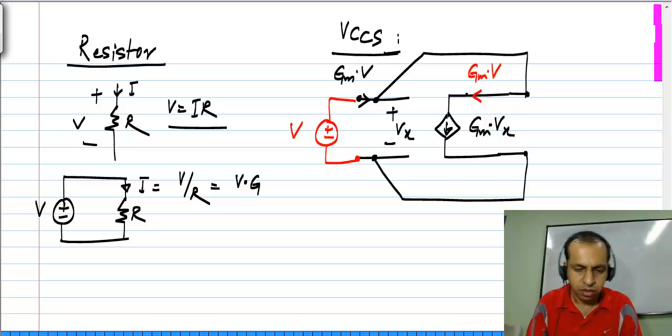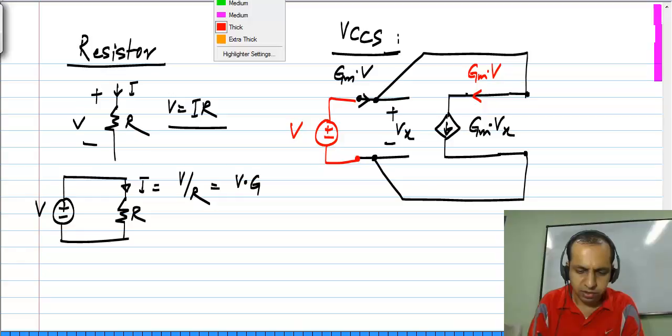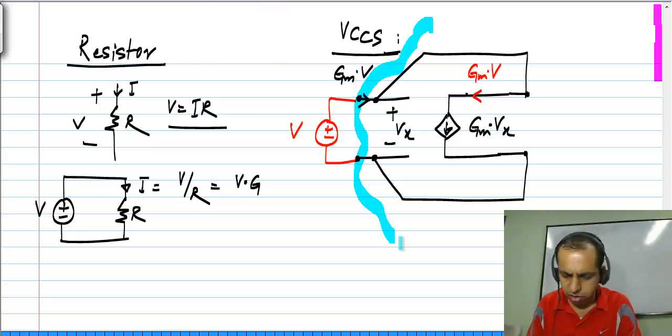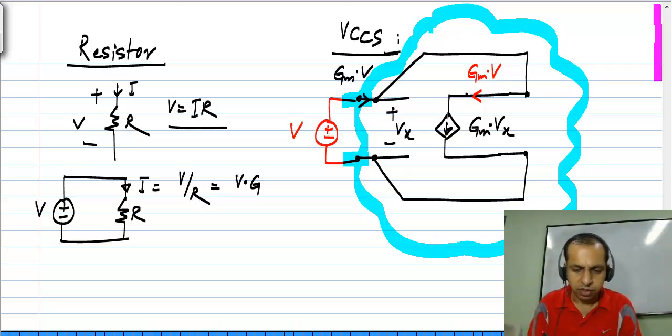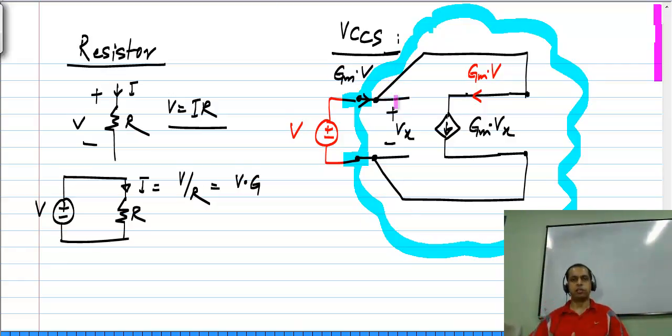Now if you consider the circuit within this boundary, that is between these two terminals, what do you see? As far as this voltage source is concerned, when it's connected to this particular circuit, it draws a current Gm times V. That is, it draws a current proportional to the voltage. So from those two terminals, you cannot distinguish this from a resistor.